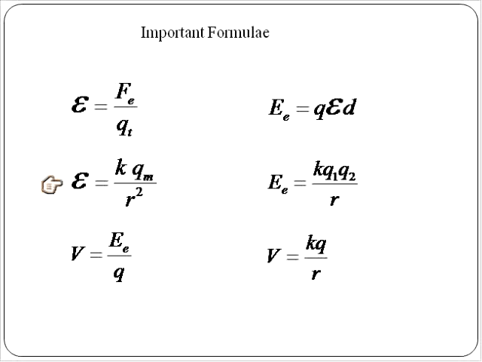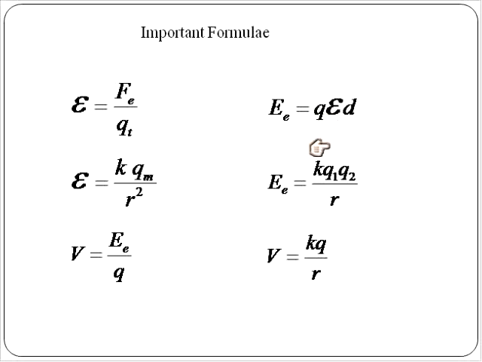We did do that one in a previous class. Then we have a couple of expressions for electric field. We take that QED that we just developed a minute ago, and we can substitute this expression, E equals KQ over R squared, for E right here.